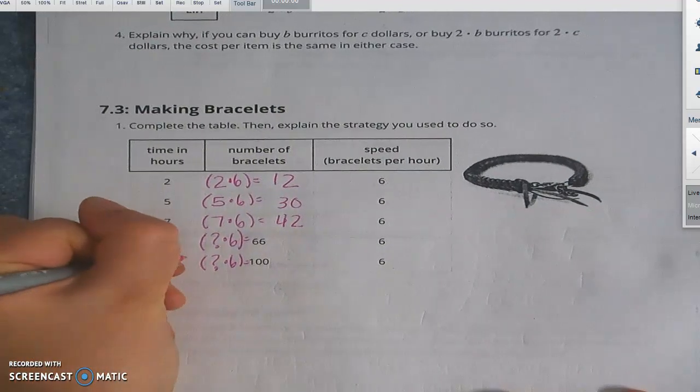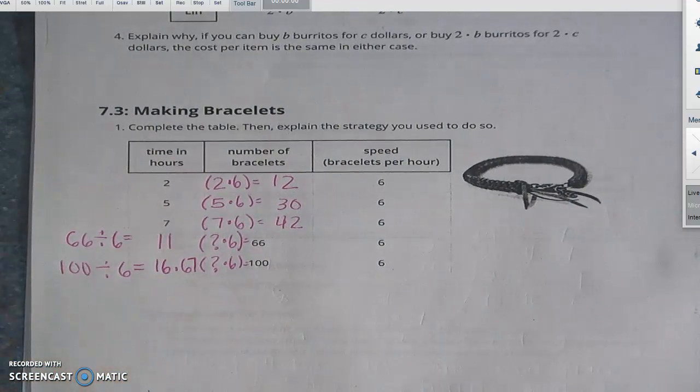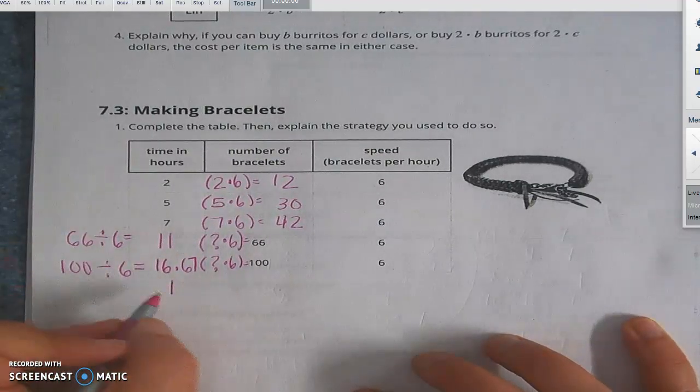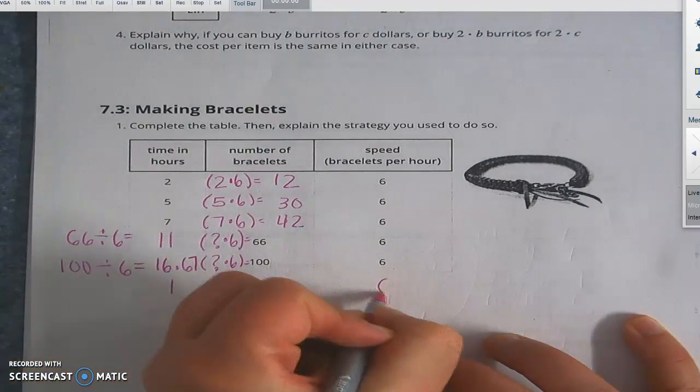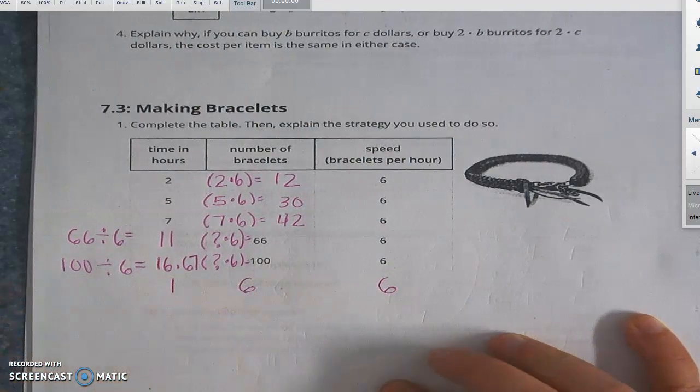We're just going to call that 16.67. And then I'm going to add in one more row. 1 hour at 6 bracelets per hour would be 6 bracelets.